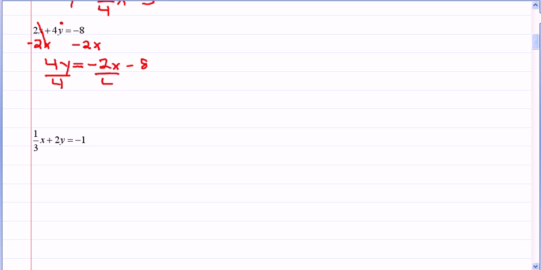So everything gets divided by positive 4, so that the 4's cancel. Negative 2 over negative 4 reduces to negative 1/2, and then I just place the x next to it. Negative 8 over 4 reduces to negative 2. So the function form of this example is y equals negative 1/2 x minus 2.